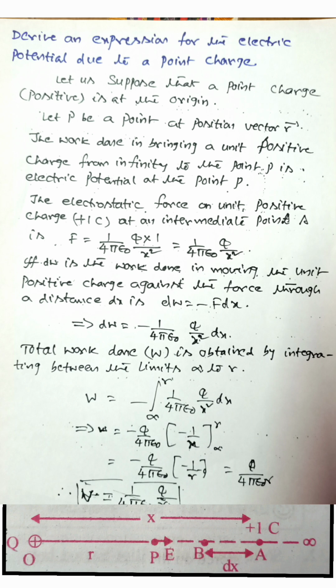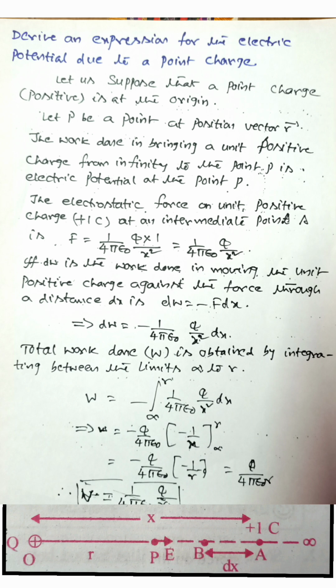The electrostatic force on a unit positive charge, plus 1 coulomb, at an intermediate point A: on applying Coulomb's law, F is equal to 1 by 4 pi epsilon naught into Q into 1 by x square, which is equal to 1 by 4 pi epsilon naught into Q by x square.